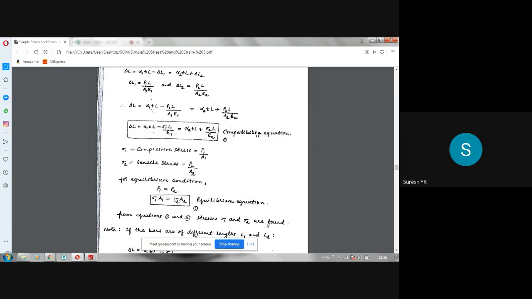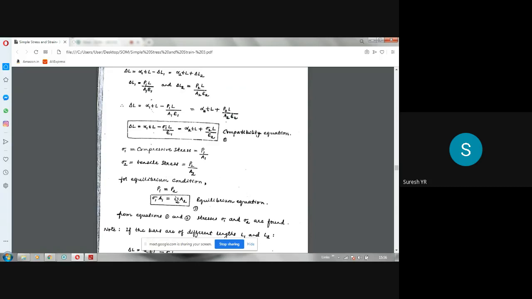We have done problems of compound bars subjected to axial forces. This is a compound bar subjected to temperature stresses. So you should remember these two equations for solving problems on compound bars. One is the equilibrium equation, which says that the tensile and compressive forces that are going to develop in the system of bars should be equal.